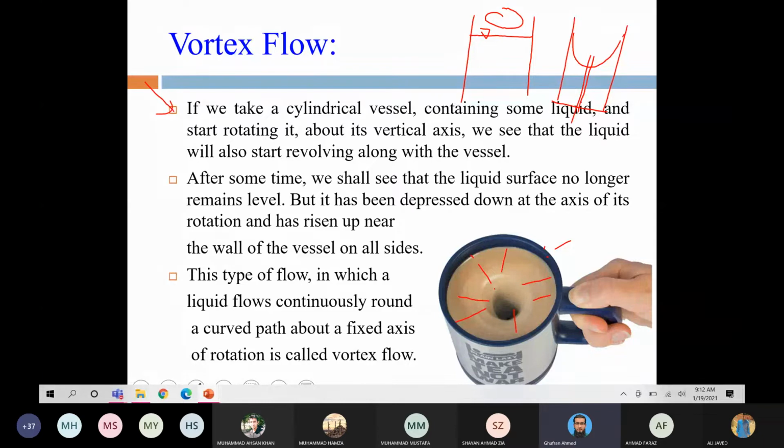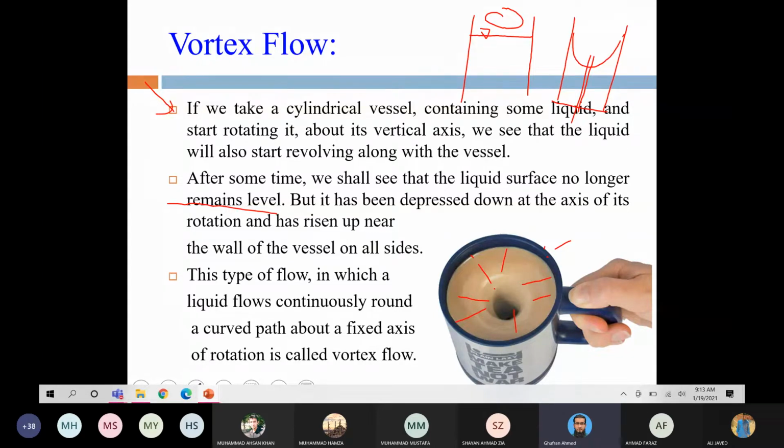So if we take a cylindrical vessel containing some liquid and start rotating it about its vertical axis, we see that the liquid will also start revolving along with the vessel. After some time, we shall see that the liquid surface no longer remains level, but it has been depressed down at the axis of its rotation and has risen up near the walls of the vessel on all sides.